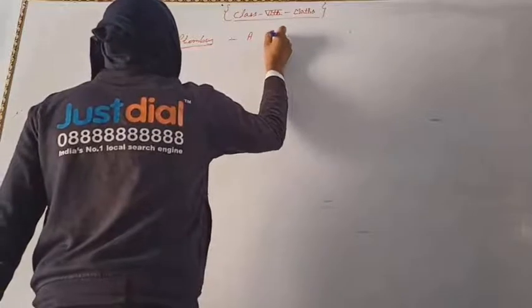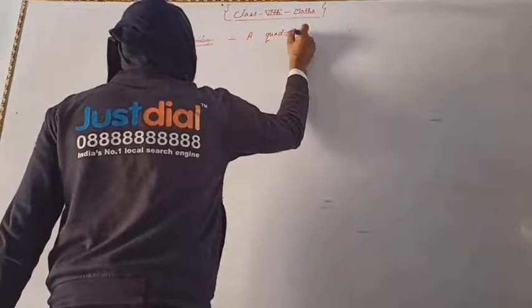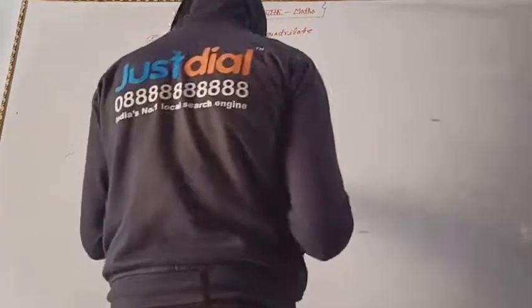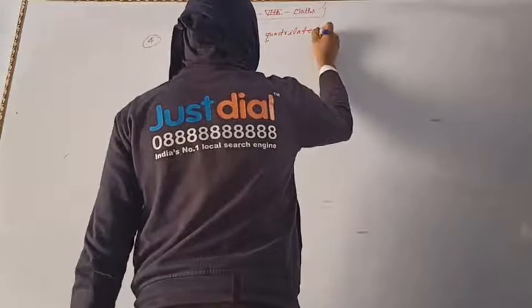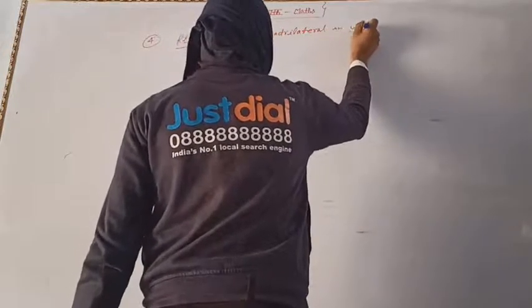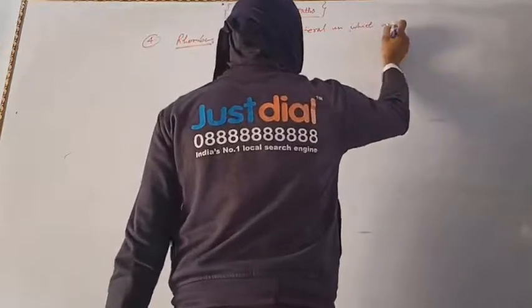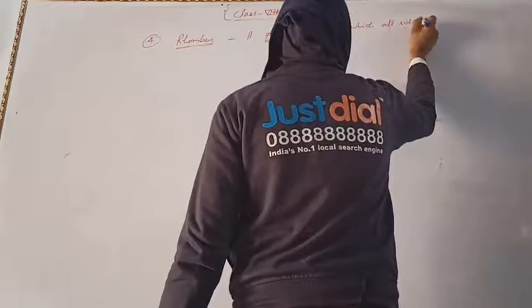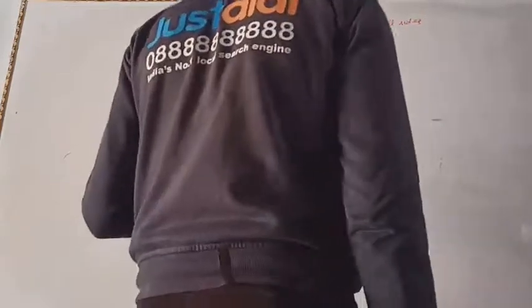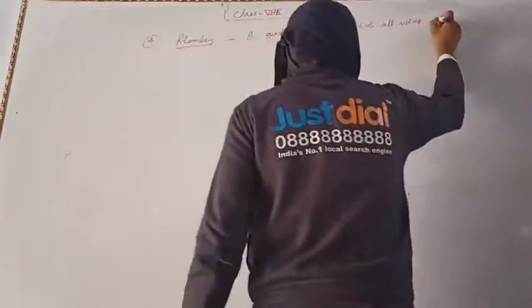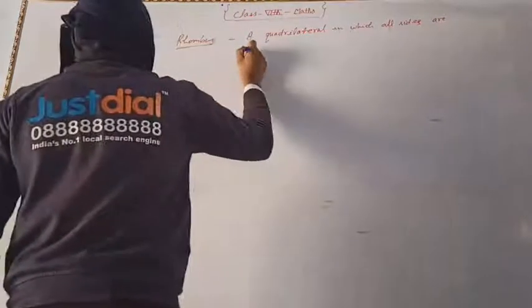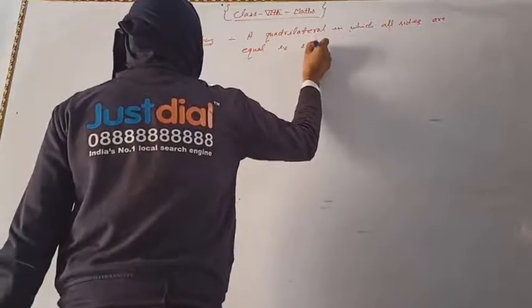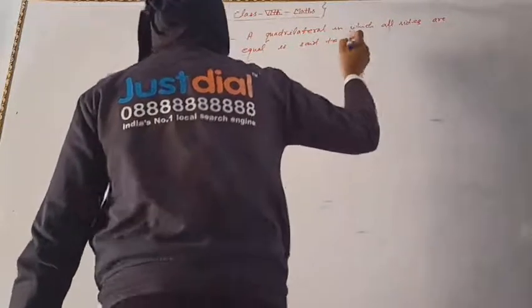A quadrilateral in which all sides are equal is said to be rhombus.